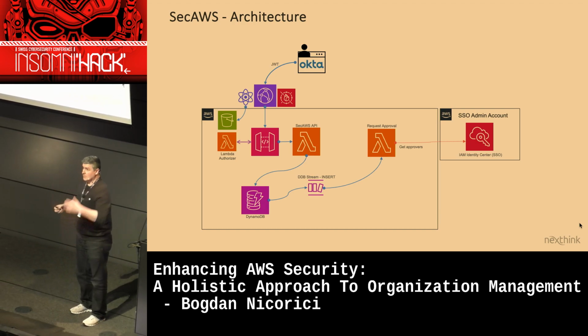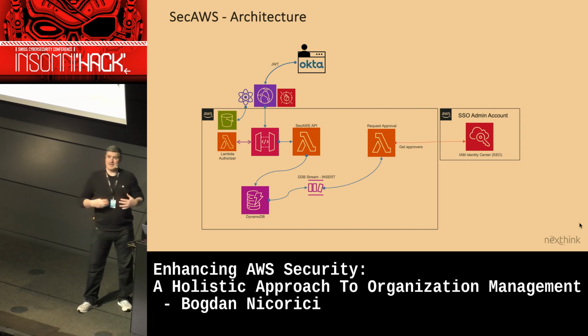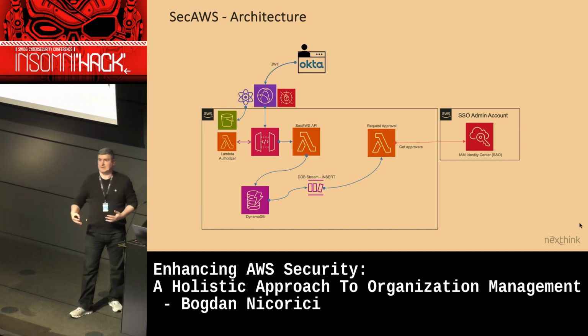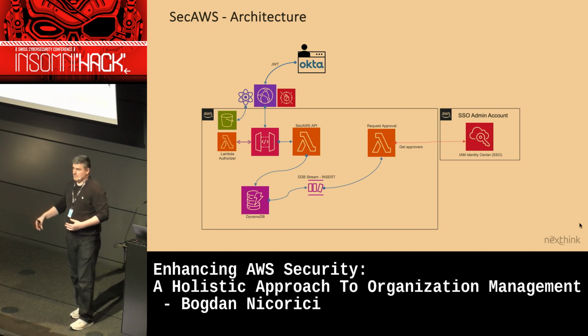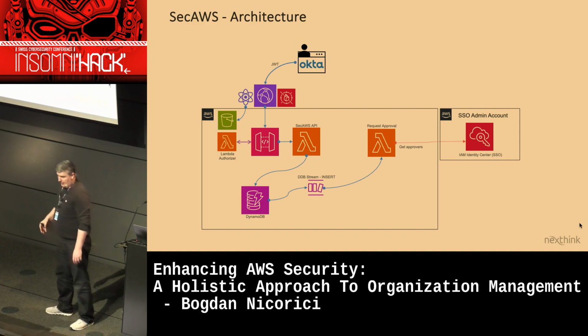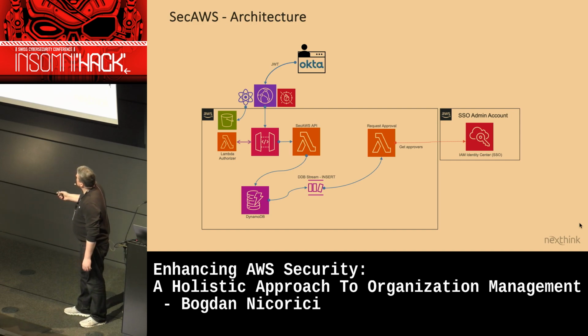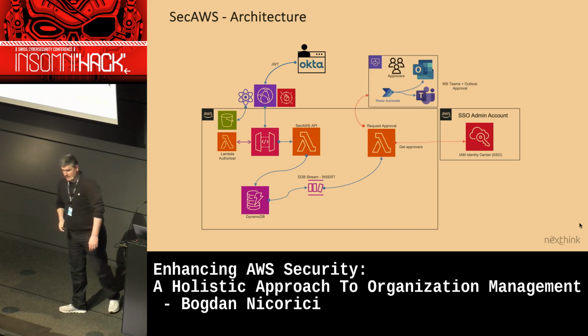Here we have a group with the list of people that can actually approve when someone is asking for permission to have a specific role for a specific account. So the user never has access to, or cannot specify, who the approver is. We always go to the source of truth and grab the list of approvers.